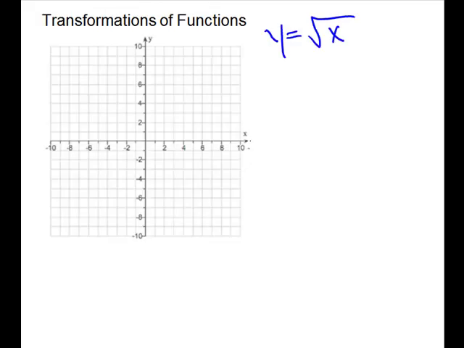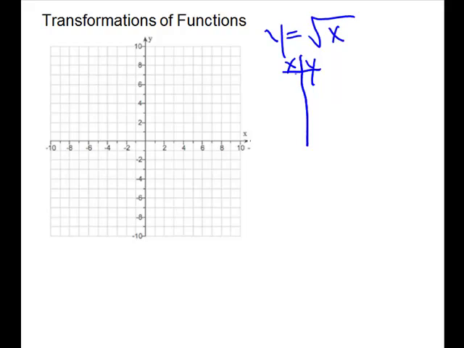Next, we'll look at the creation of the function y equals square root of x. And so we can make a table for it. Now, you are restricted on the x's that you can pick because you want real numbers.